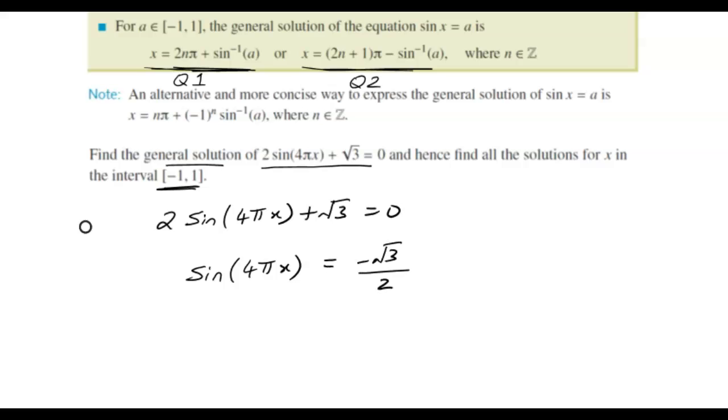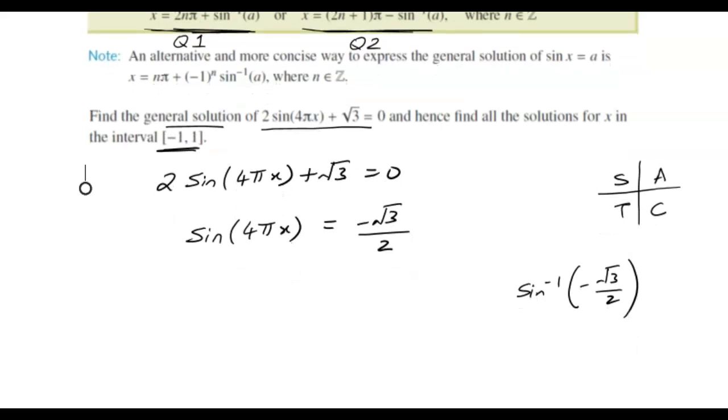But obviously in this particular example, we're dealing with sine being a negative value. So if I take into account sine being negative, we're basically dealing with the third and the fourth quadrant. What we're going to first do is still find the answer for the sine inverse of the square root 3 on 2.